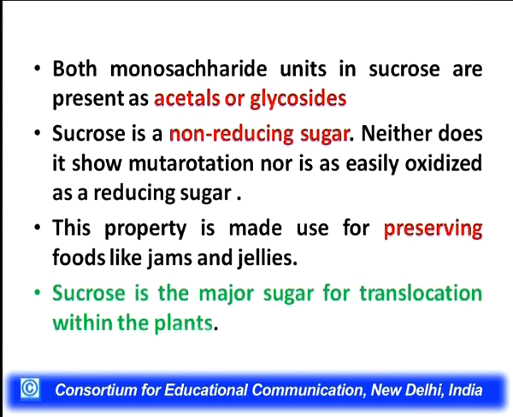Because it does not undergo mutarotation and does not undergo oxidation easily, this property of sucrose finds vast use for preserving foods like jams and jellies. The other important thing you have to remember is that sucrose is the major sugar for translocation within the plants.